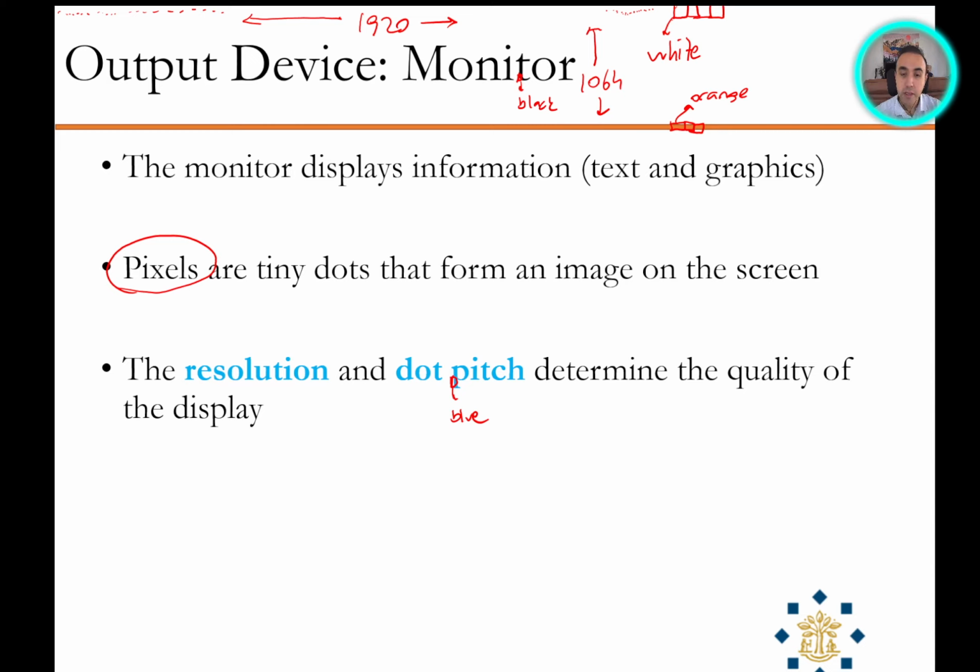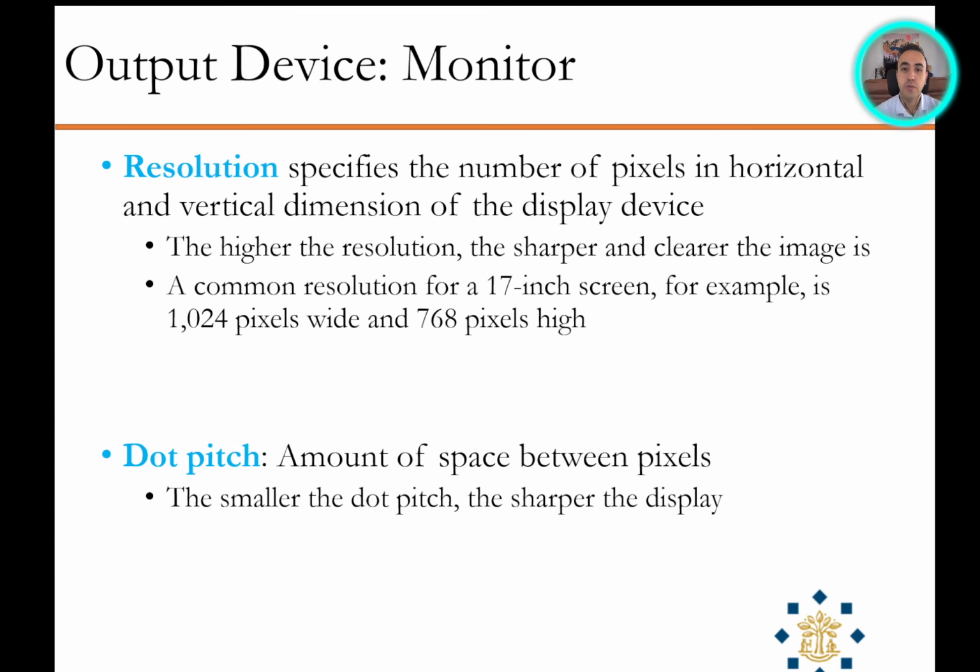And the quality of the display is determined by resolution and dot pitch. So resolution specifies the number of pixels in horizontal and vertical dimensions.